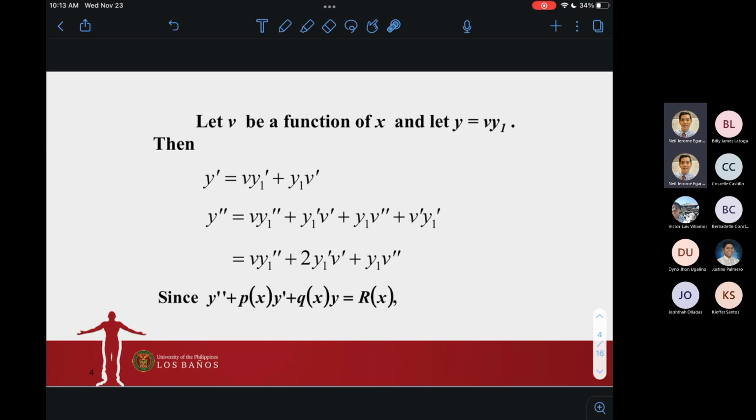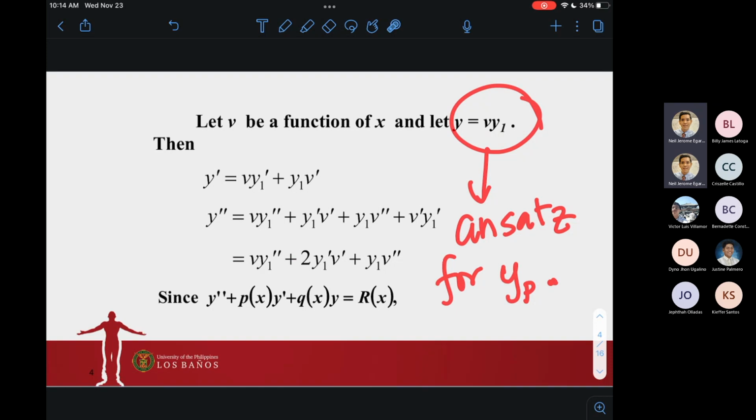So we want to find the function little v such that y sub p is equal to v y1. The function little v of x times the particular solution of the homogeneous equation is what I want to be our particular solution. You can think of it as our ansatz, or our guess for y sub p, right?